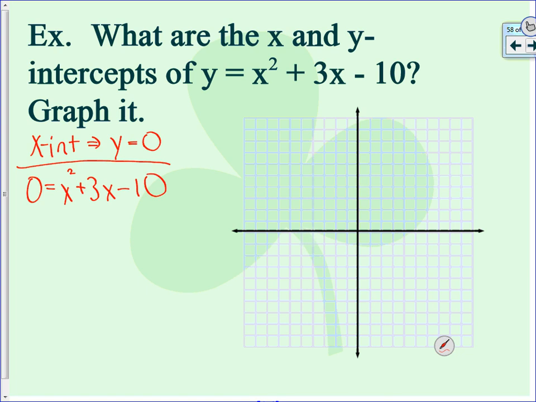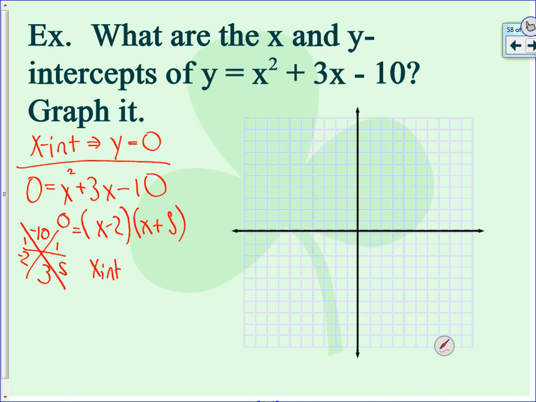Okay. I'm going to try and factor that. Any ideas? -5 and 2. Oh no, -2 and 5. Okay, so we get x minus 2 and x plus 5 is 0. So our x-intercepts are 2 and negative 5.